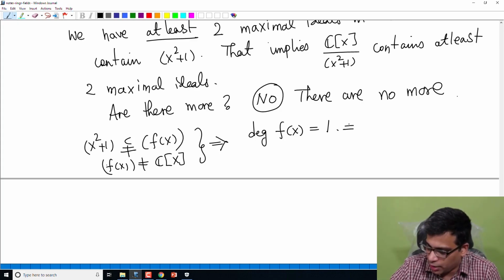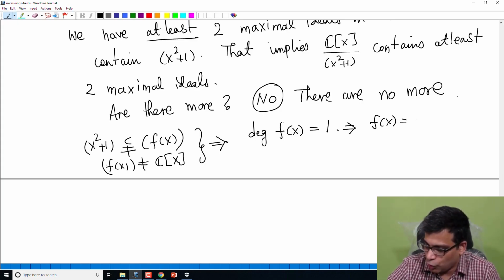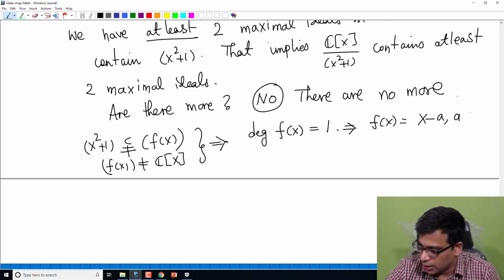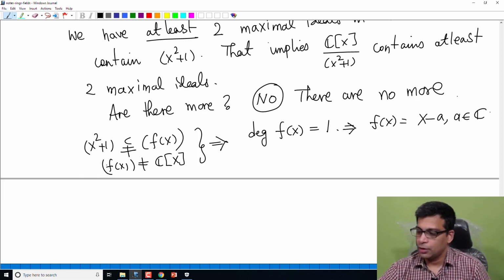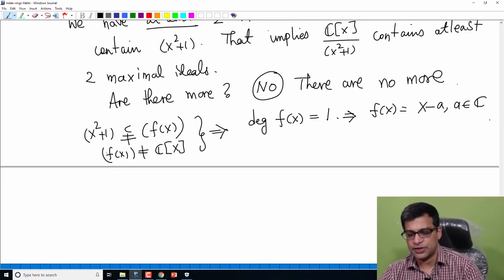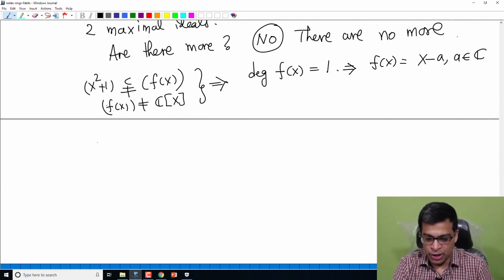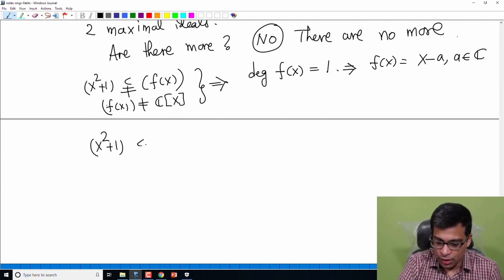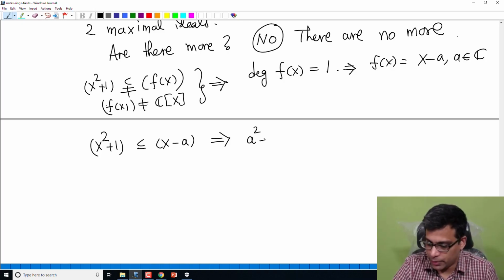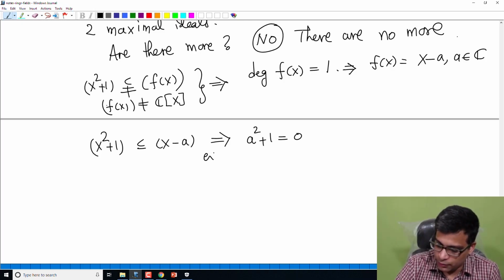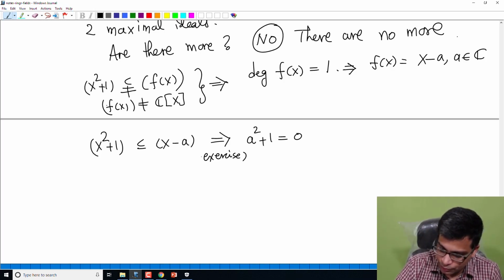But if it is 1, then f(x) must be of the form x minus a, with a belonging to C. Once that happens, you can assume that f is monic, because you can always multiply by the inverse of the leading coefficient. So f(x) is x minus a, but then if x squared plus 1 is contained in x minus a, this implies that a squared plus 1 is 0. So this little fact is an exercise for you.